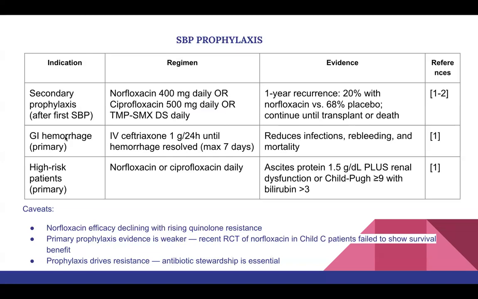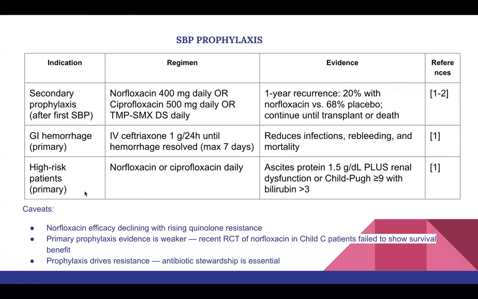Also, for GI hemorrhage, the prophylaxis will be ceftriaxone until hemorrhage resolved, and then reduces infection, rebleeding, and mortality. And then for high-risk patients, primary prophylaxis, which some studies have said was not as beneficial and did not improve survival.